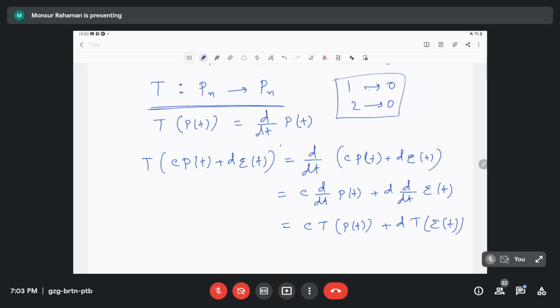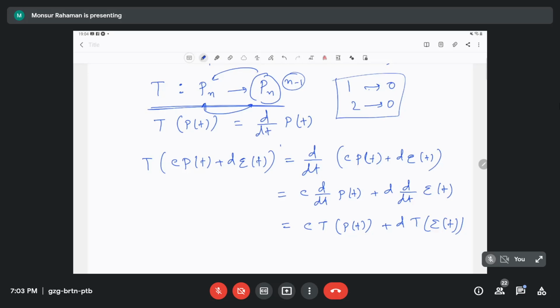So you will never find a pre-image of any n degree polynomial. Okay, because what is the maximum degree here? It consists of polynomials of maximum degree n. So when you send it there, it will become n minus 1 degree.